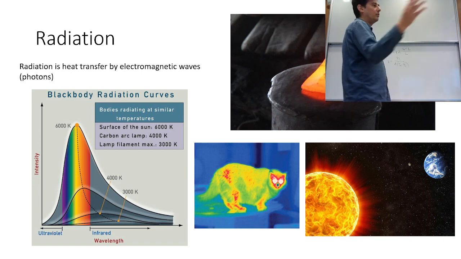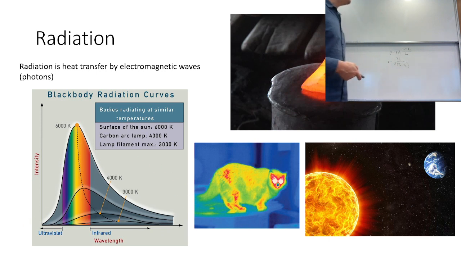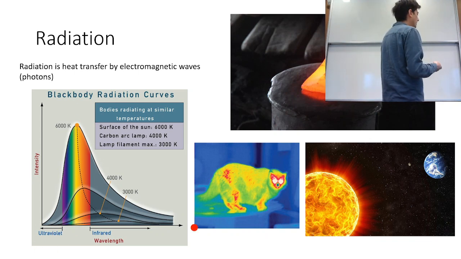It's just that we don't notice it most of the time because usually the type of light that it's emitting is, so there's a so-called black body radiation curve like this, which we're not really going to study so much, but basically there's some kind of peak in the wavelength of the light that is emitted. So this is wavelength and this is the intensity.